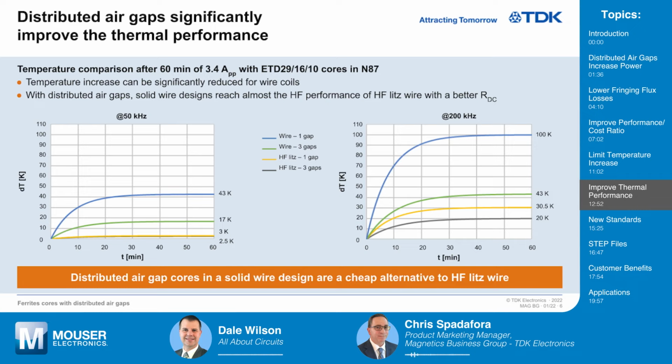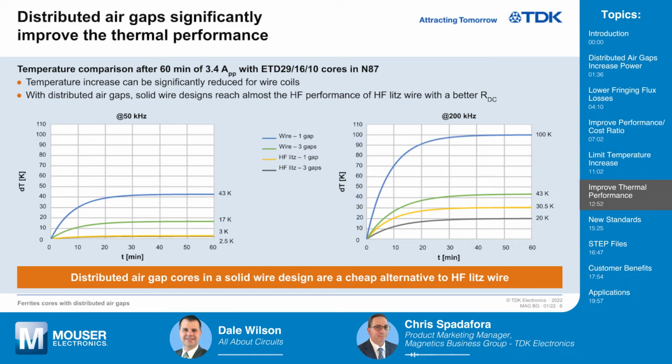The spread as far as their performance in the power handling capability is very significant. So, at the end of the day, in some cases, there's a good possibility that somebody could actually use a solid wire in place of a high frequency Litz wire.